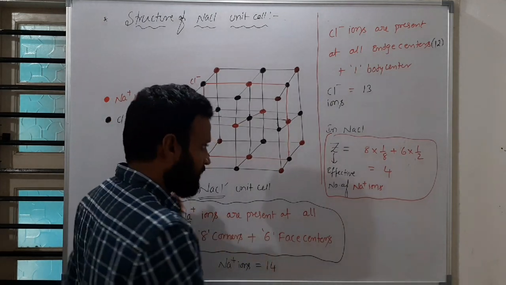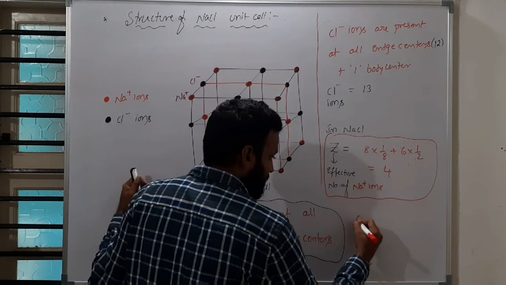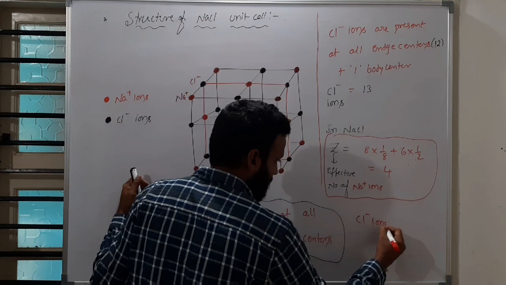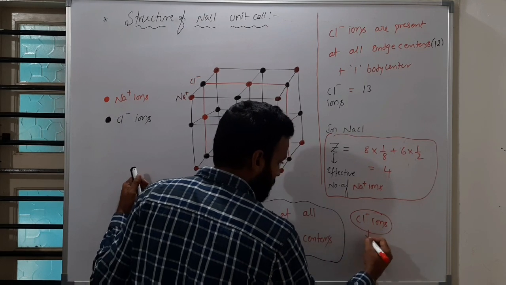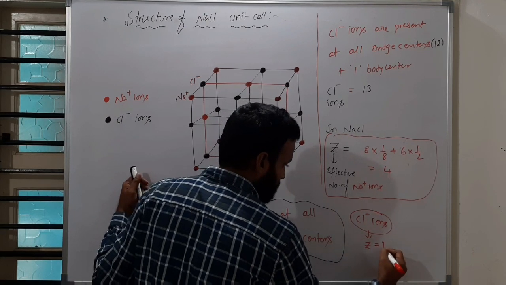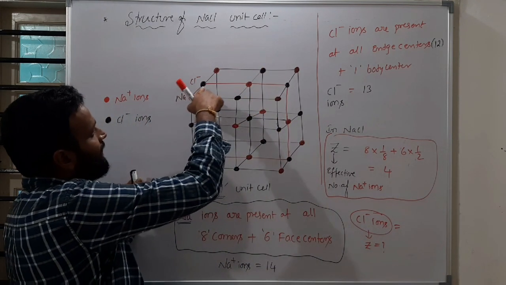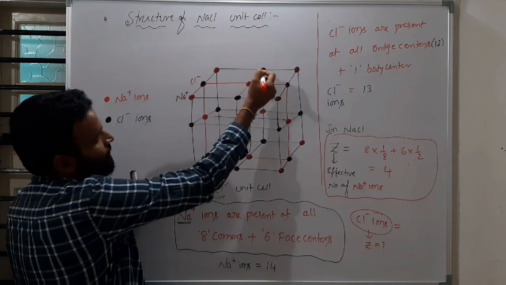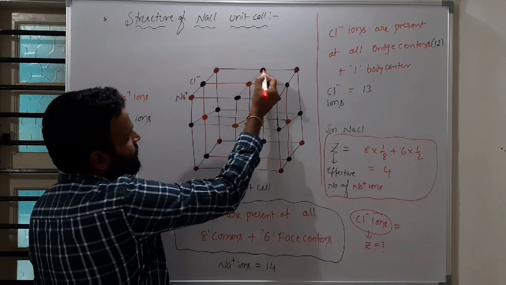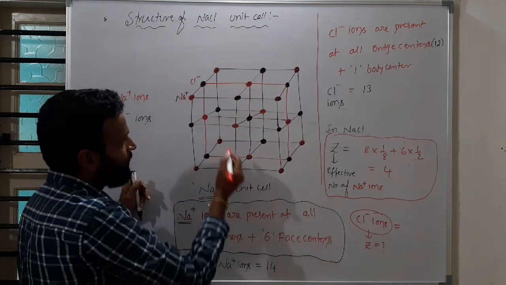Getting what I'm saying? And in a similar way, how many Cl minus ions? The effective number of Cl minus ions, Z, is how much? This is our question. Where you have all these Cl minus ions, you can see the edges. These are edges. This is an edge center, this is an edge center, this is an edge center. So like that you have 12 edge centers.